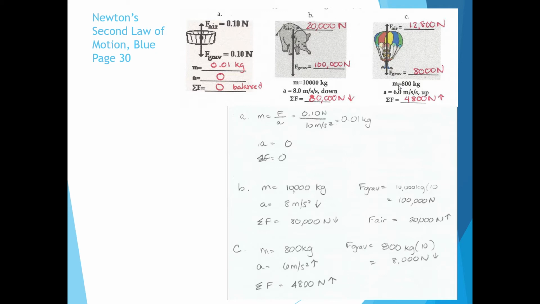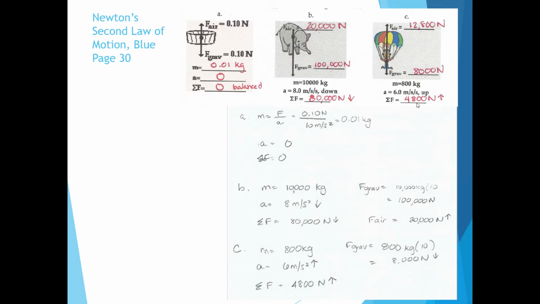Okay, letter C. We were given mass and acceleration. Again, I'm going to take the mass and multiply it by 10 in order to get the force of gravity, or the weight, which is going to be 8,000 newtons, and it's going to be down. Since we know the mass and the acceleration, we can find the net force. So we're going to take 6 times 800, and that's going to give us 4,800 newtons.